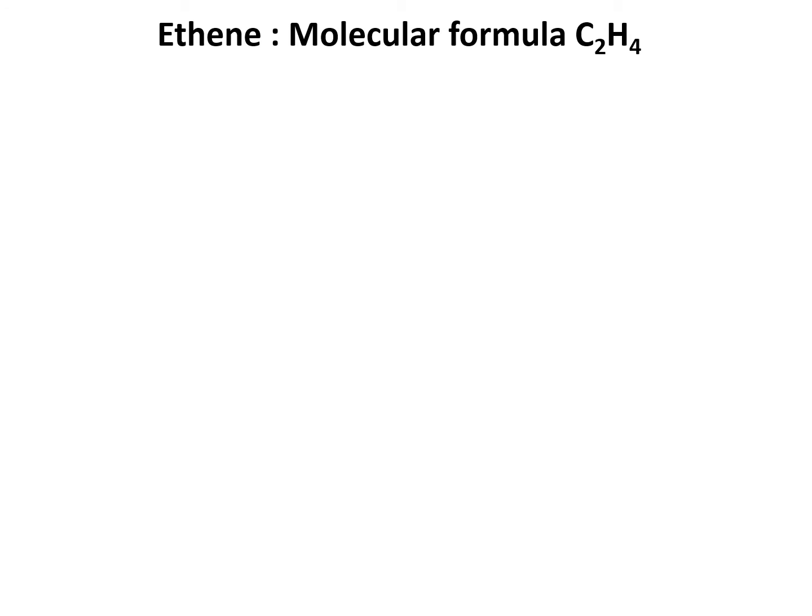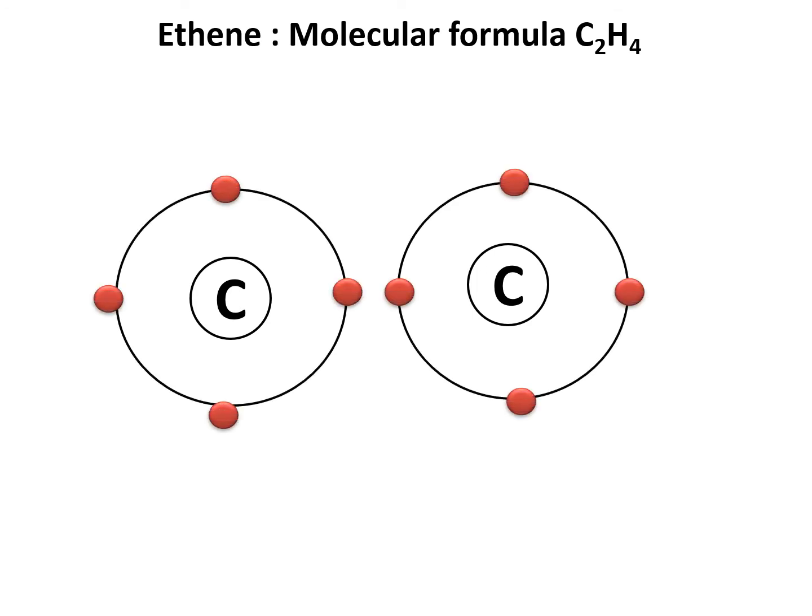Now we'll move to the next one, that is ethene, with the molecular formula C2H4. Now let's see. We have carbon. I'm not showing the two inner electrons; we will just see the outermost electrons, that is 4 electrons. As the molecular formula is C2H4, there are only 4 hydrogen atoms present.